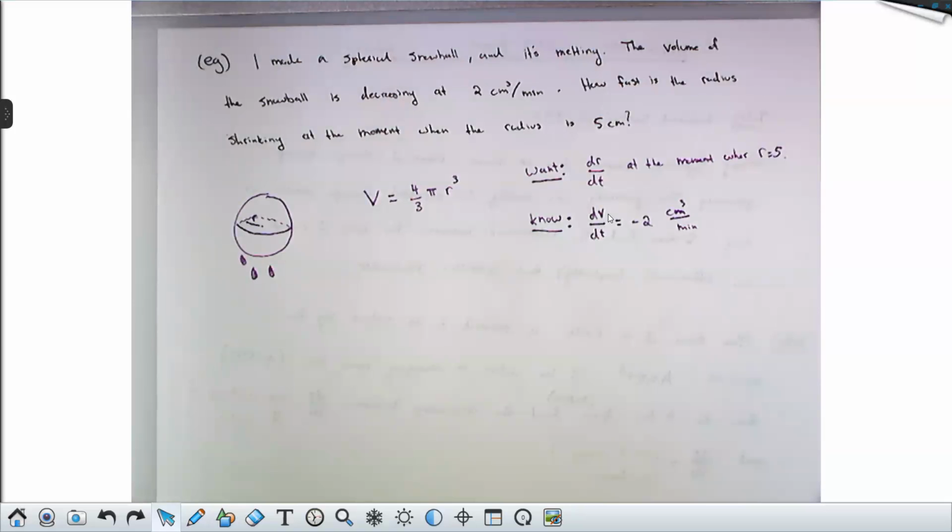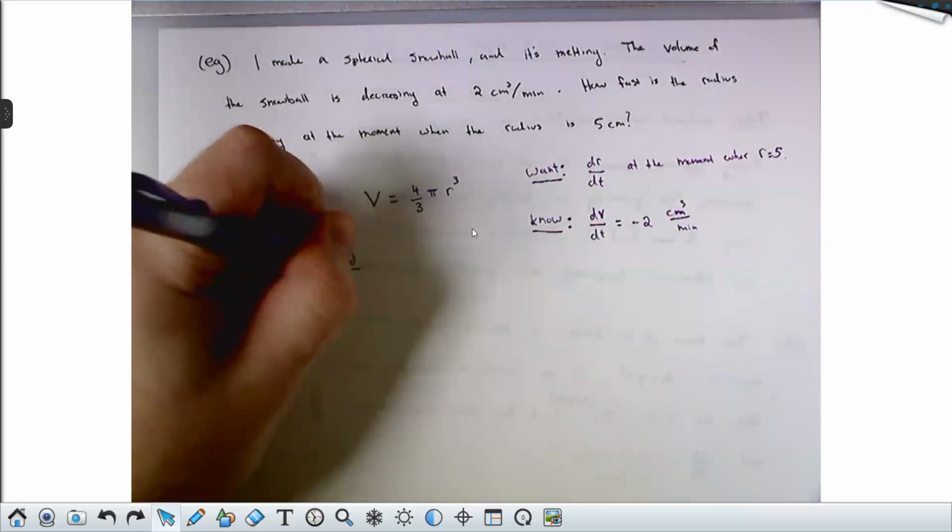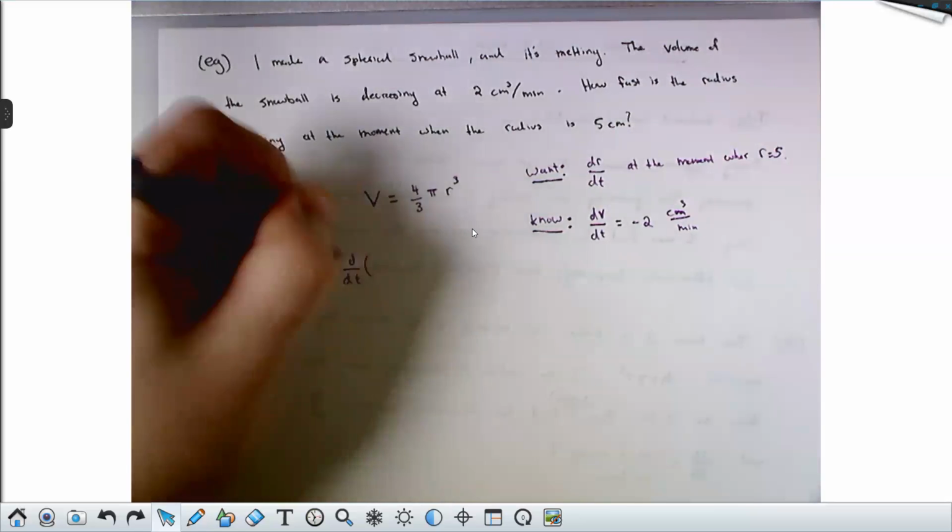All right, so now I've got a picture. I've got my geometry formula. I know what I'm looking for, and I know what I have in my pocket. Now we will differentiate both sides of this relationship implicitly with respect to the third variable, time. So I'm going to apply the differential operator d dt to both sides.